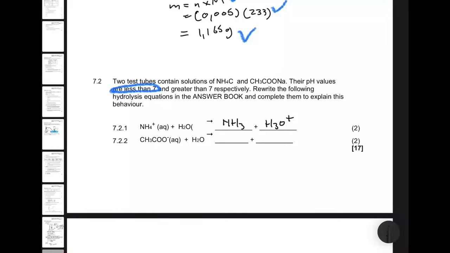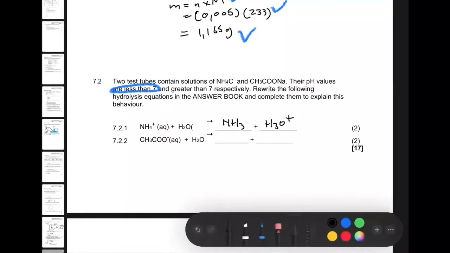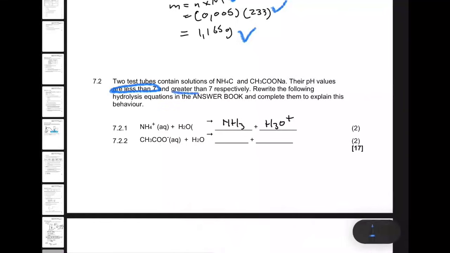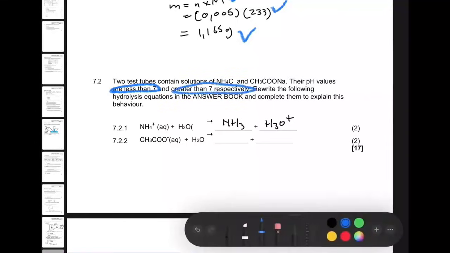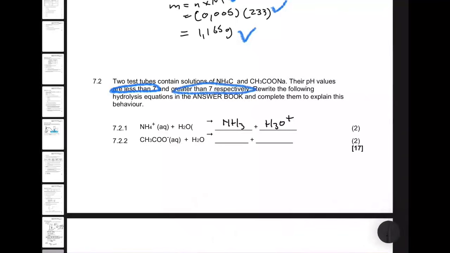And then now let's pay our attention to 7.2.2. It is said to have a pH of greater than 7. What does that tell us? It tells us that it is basic, so it's supposed to gain a proton, right? So we're gonna have CH3COOH, right?